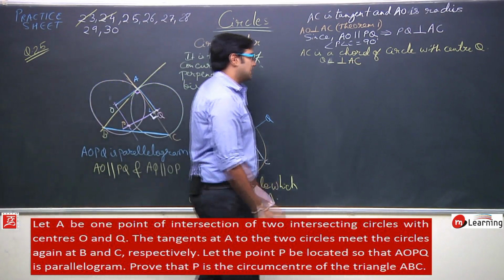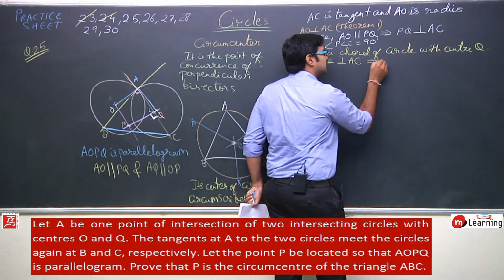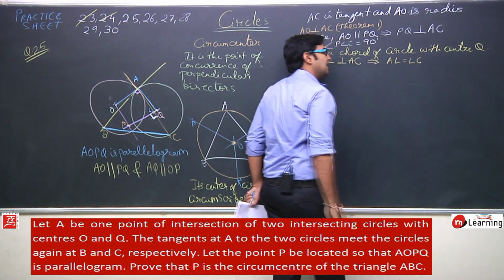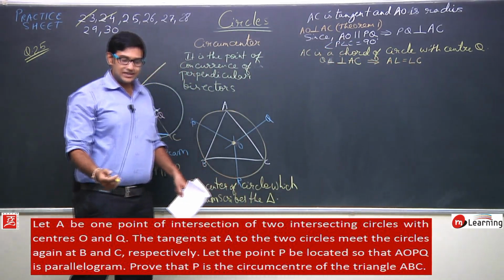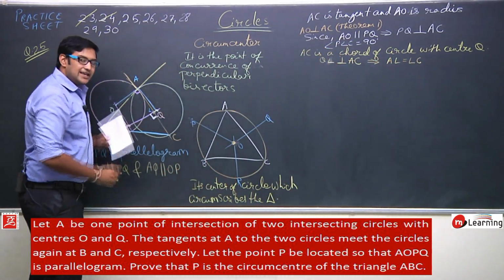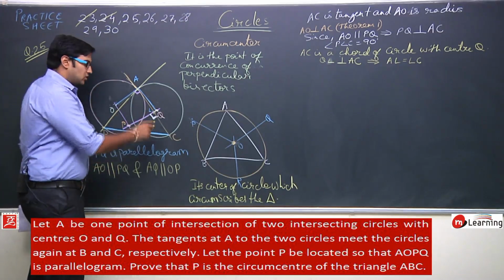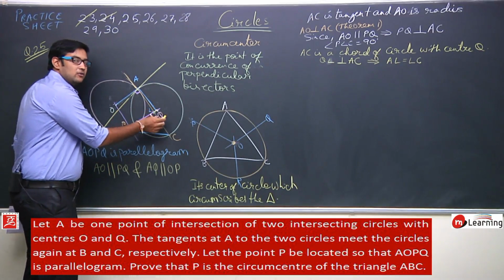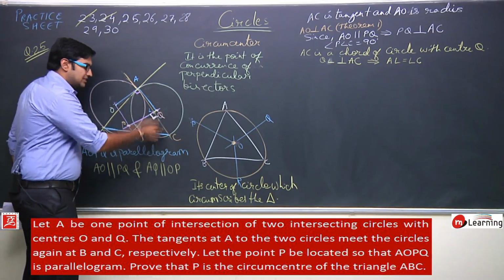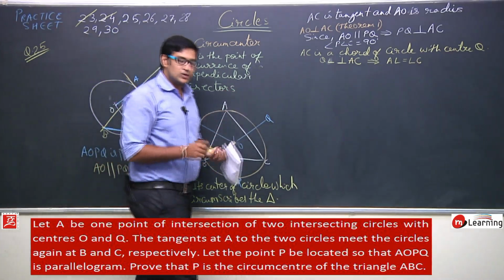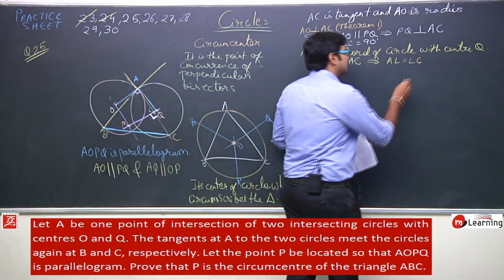So I can say this implies AL is equal to LC. What I have said is that AC is the chord of this circle, and QL is a perpendicular from the center Q to this chord AC. That's why AL is equal to LC. And what is the reason for this?